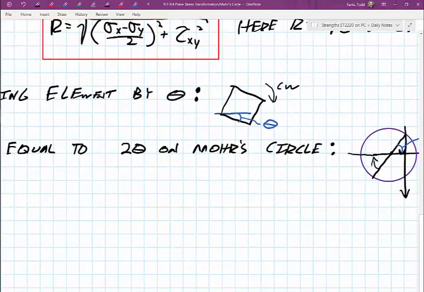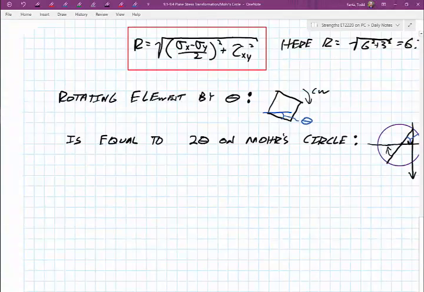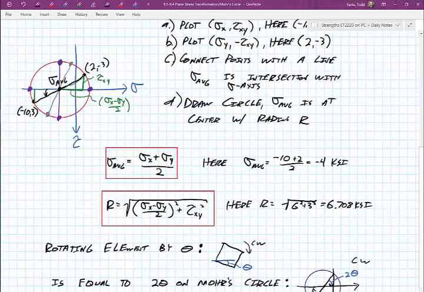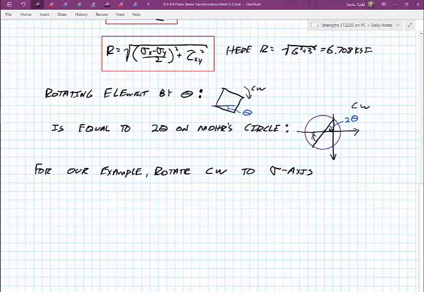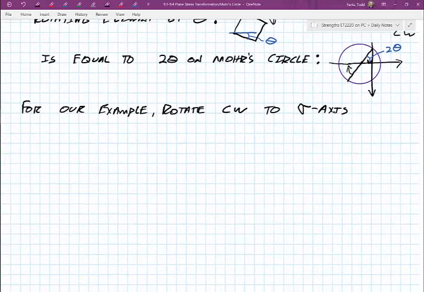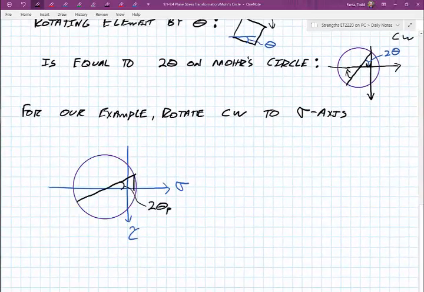So back to our example, what we really care about, like I said, are those extreme values, those maximum values. So let's start by looking at these two stresses on our sigma axis. Like it says here, for our example, we're going to rotate counterclockwise until we reach that sigma axis and ask, what does that look like? So looking at our element, we have something that looks like this.